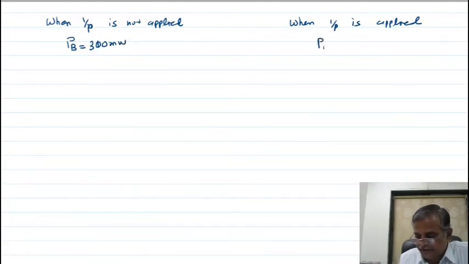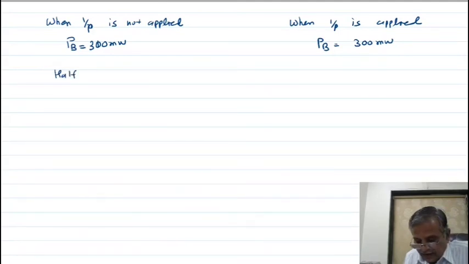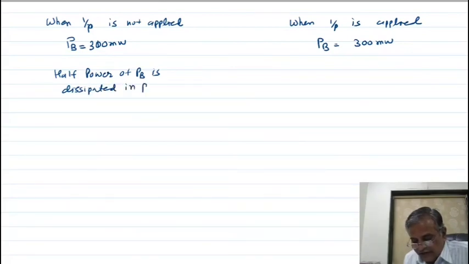When input is not applied, half power of PB is dissipated in the load RL, and the remaining half power of PB is dissipated in the transistor.